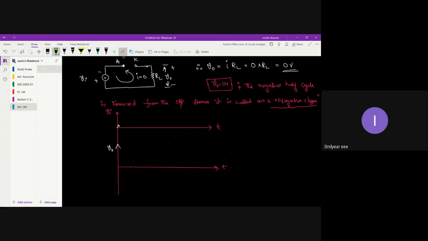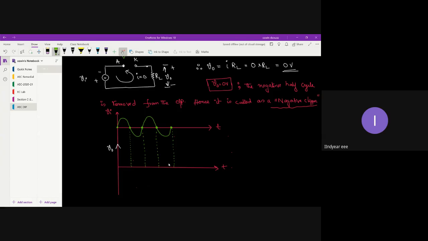So input is sinusoidal, right? So mark the points: 0 degree, 180 degree, 360 degree, 540 degree, 720 degree. Then also mark the transition points because you need to draw the output waveform, right? So this is how you can draw the transition points. All right, done. So input we have drawn.